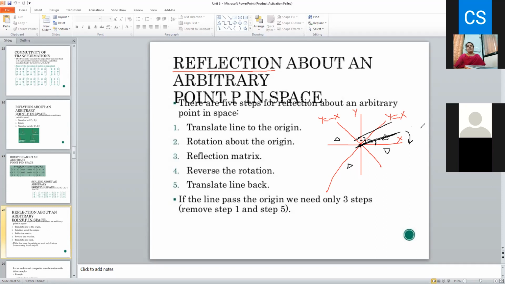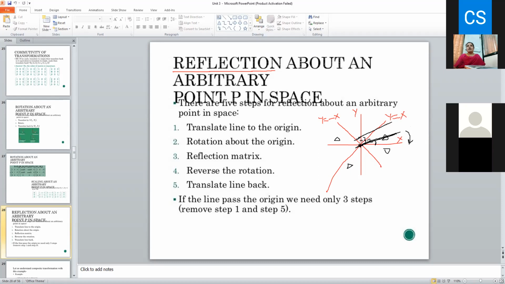What operations have I done? I have translated that line so that it will pass through the origin. Now it is passing through the origin, but it is not coinciding on any of the axes. And that's why I will rotate this so that it will coincide on any of the coordinate axes. X axis वर असेल किंवा y axis वर असेल, मी कुठल्याही direction त्याला rotate करू शकते. So the second step is rotation. मग rotation झाल्यानंतर काय होईल?